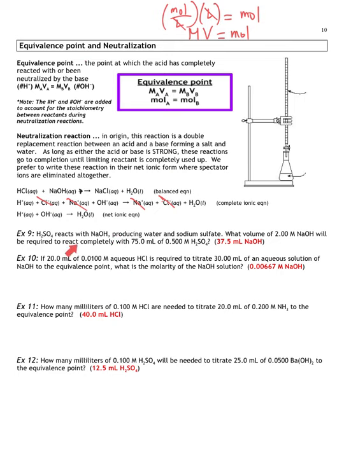So we're titrating. The whole idea behind understanding this is to do this titration. So oftentimes you have an unknown acid. So the scenario is you have an unknown concentration of acid, and you measure out a certain volume of it.